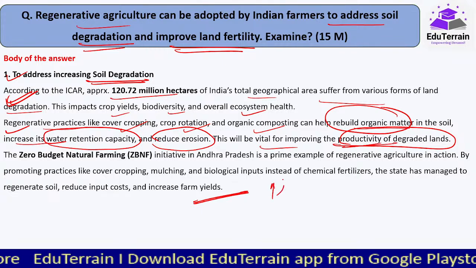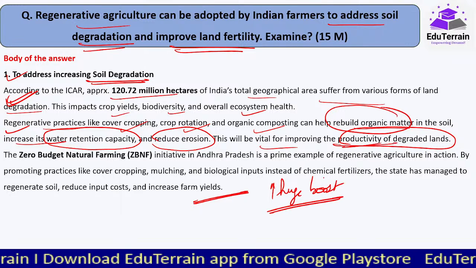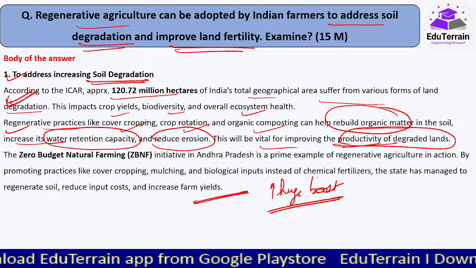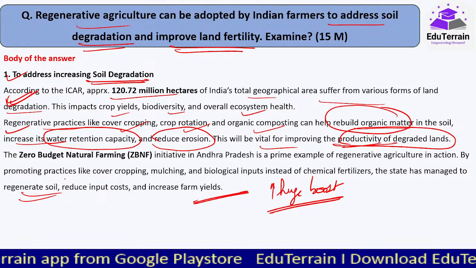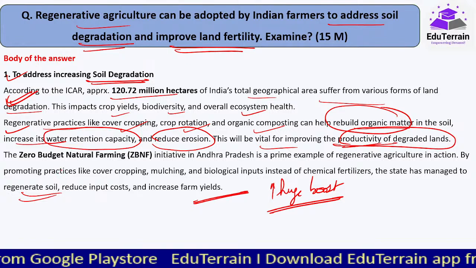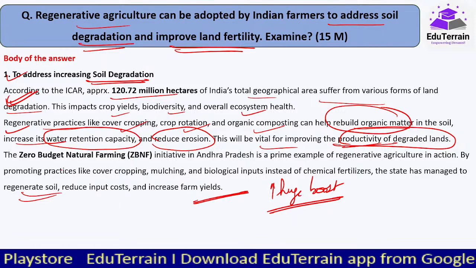This will be a huge boost for your answer that will have a 100% positive impact on the examiner who is correcting your paper. Once they see examples which are very much apt to whatever you are providing in the answer, that will give a huge boost.